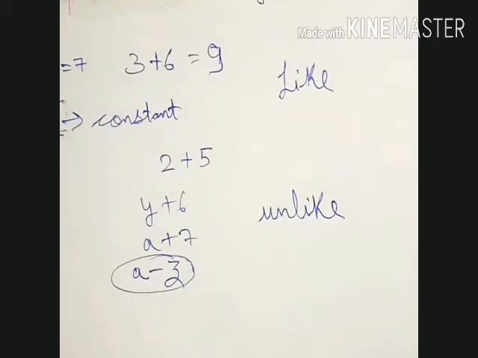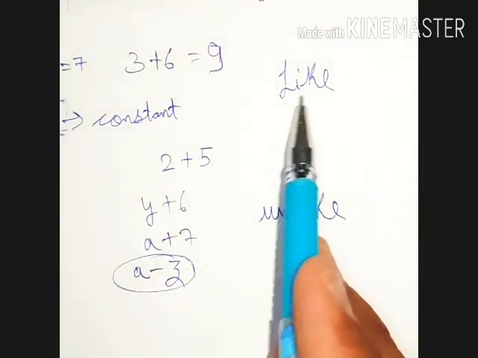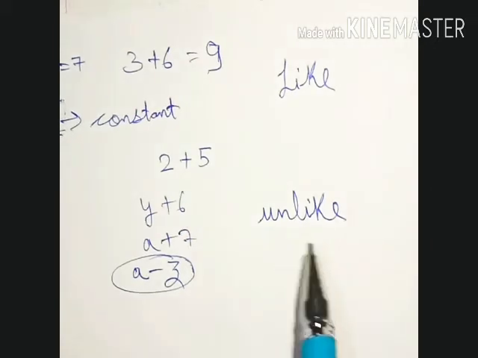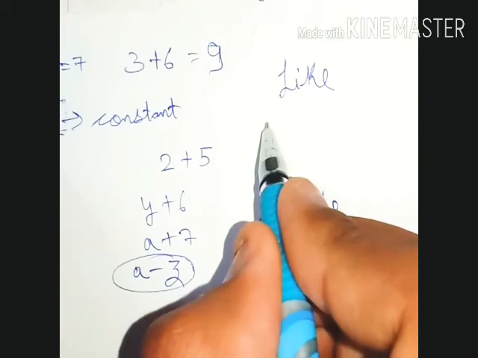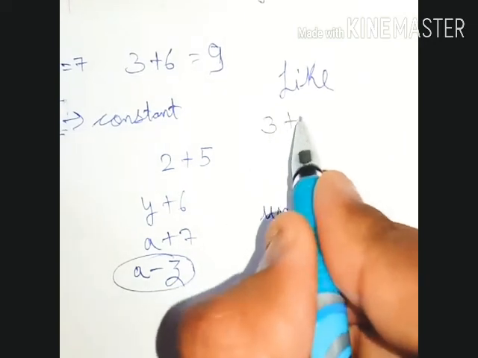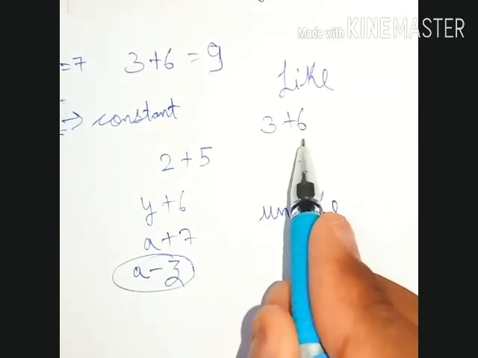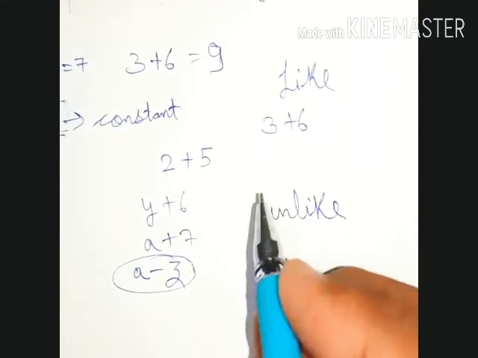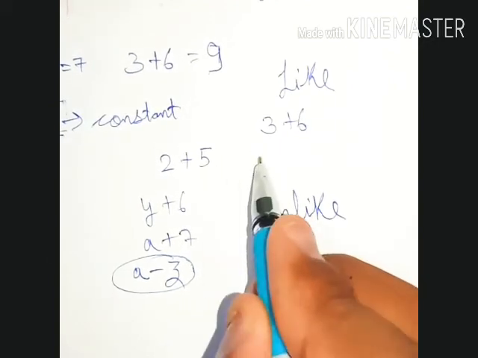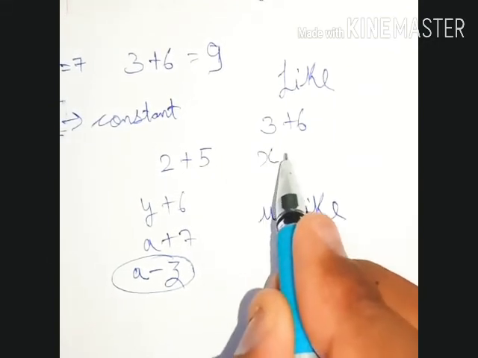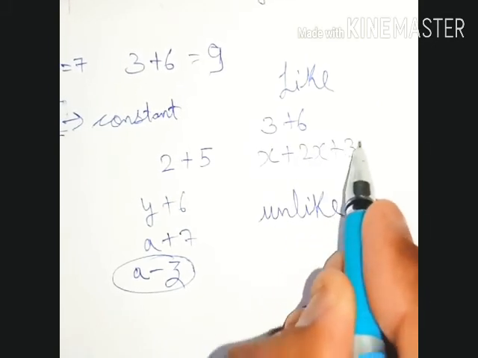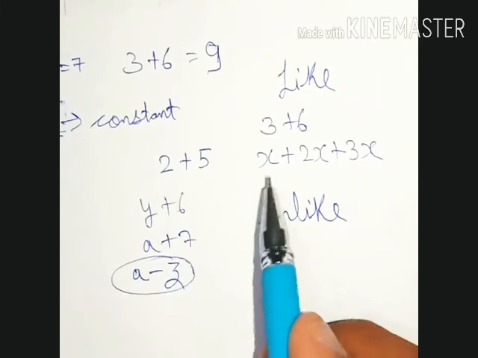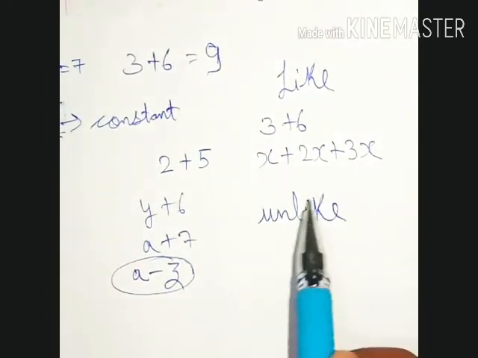The next step is to learn the difference between like and unlike terms. What are like terms and what are unlike? If I write 3 plus 6, both are numerical values, so these are like terms. If I write x, 2x, 3x, what's the difference between these?